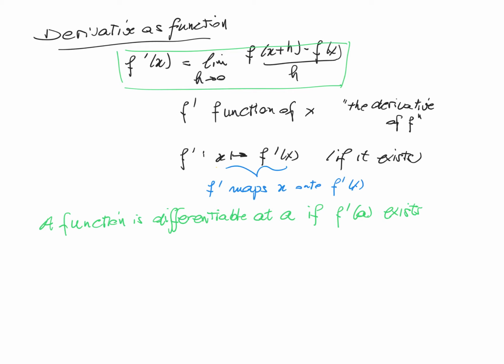We can also look at differentiability on a set. So a function is differentiable on a set of points, let's call this set S, if it is differentiable for every point in the set.